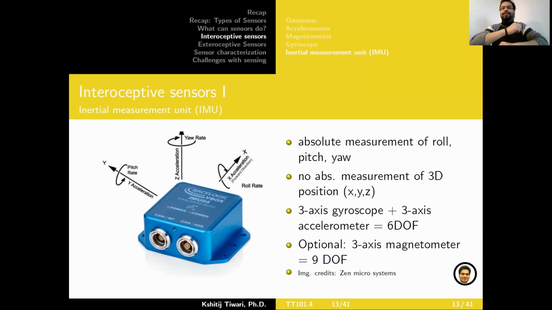It could have a 3-axis gyroscope and a 3-axis accelerometer, which gives you 6 degrees of freedom, and it could give you an absolute measurement of roll, pitch, and yaw, but only an estimate of the position in XYZ coordinates in the 3D frame. Additionally, you could add a magnetometer on top of that, so you would have a gyroscope, an accelerometer, and a magnetometer, which gives you 9 degrees of freedom altogether.